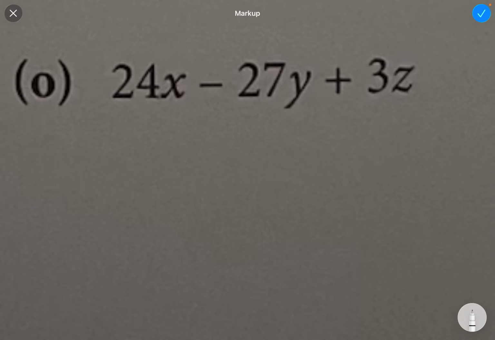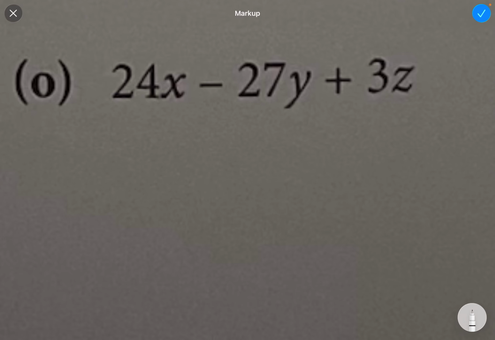Okay. This time round, we start with 3 terms. 24x, negative 27y second term, plus 3z third term. So we started with 3 terms. Same, we go and see if there are any common factor among the 3.